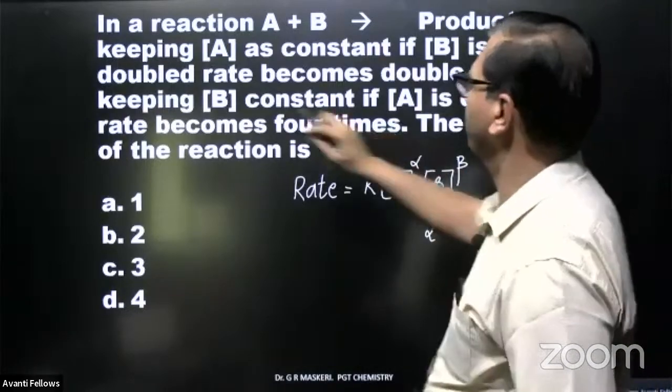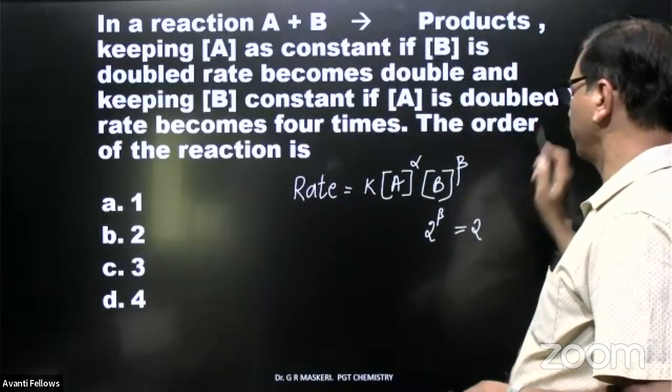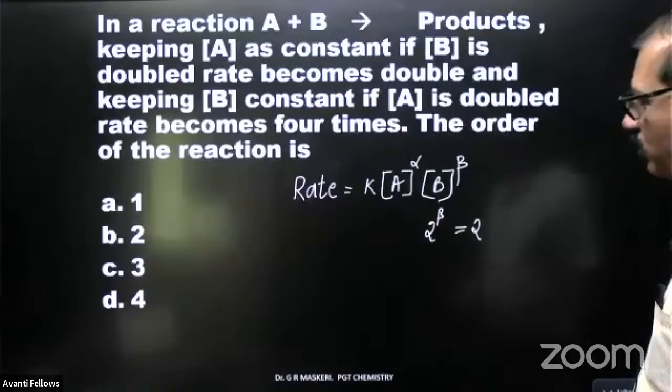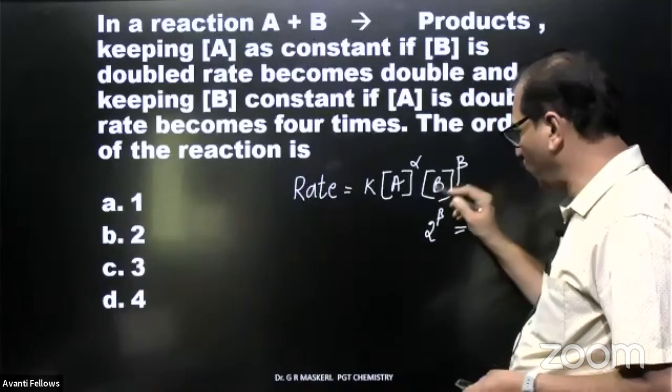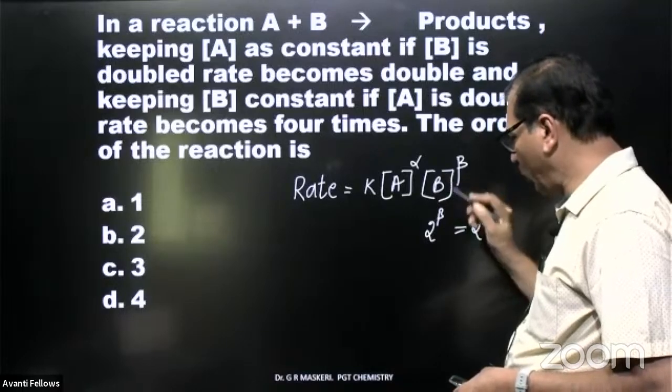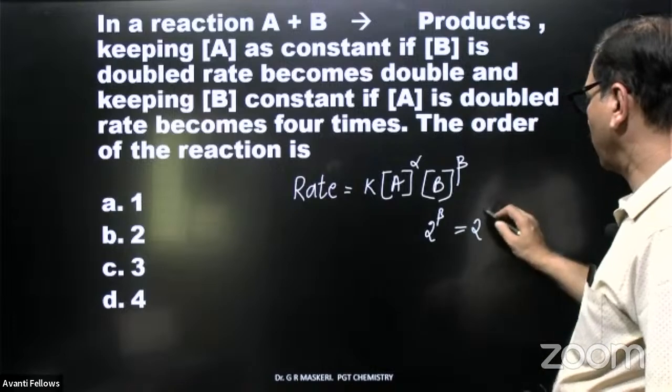If B is doubled, the rate also becomes 2. This is a simple equation that you should get. If B is doubled, only 2 you take, instead of 2B. 2 to the power beta is equal to 2. That means beta is 1.